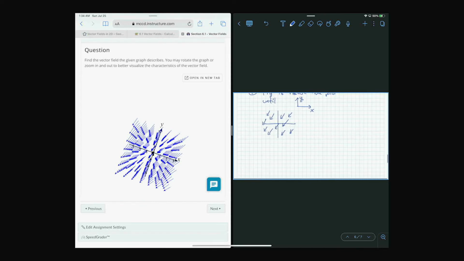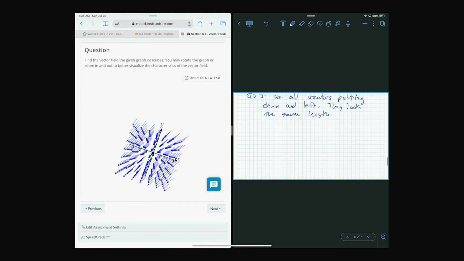So I see all vectors pointing down and to the left. They all look like basically the same length as well. Some aren't 0. They're all basically the same length. Okay, now let's consider our choices.